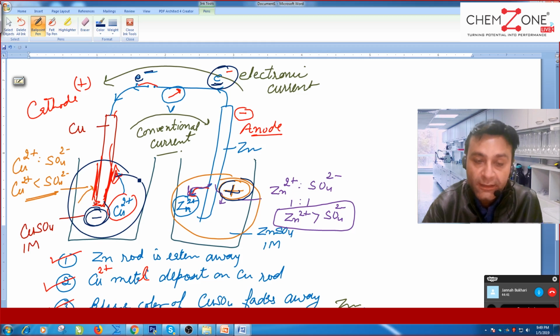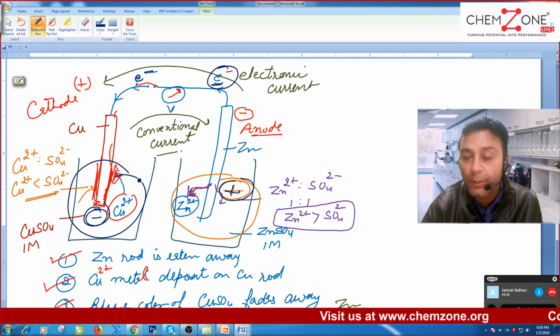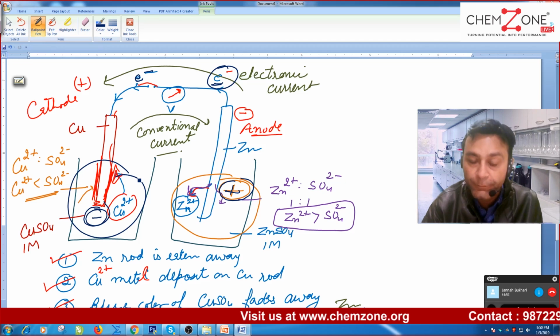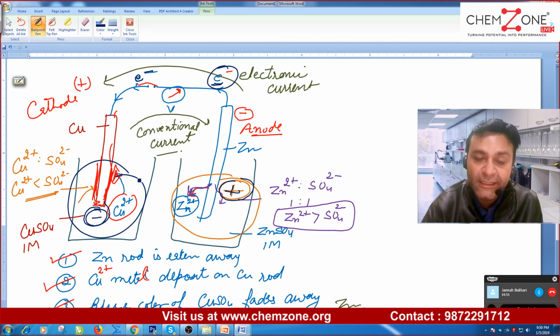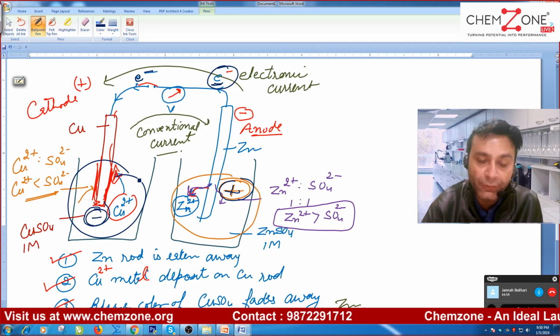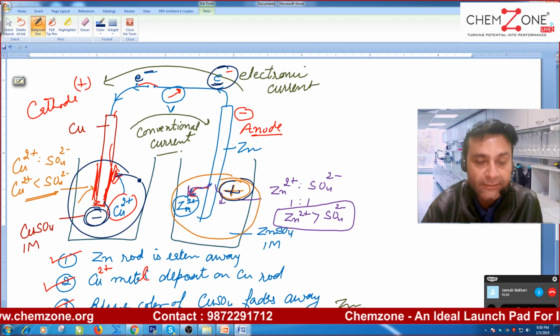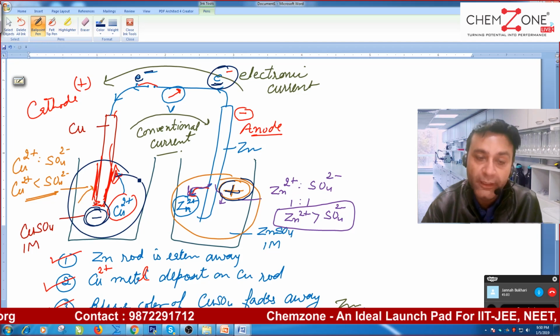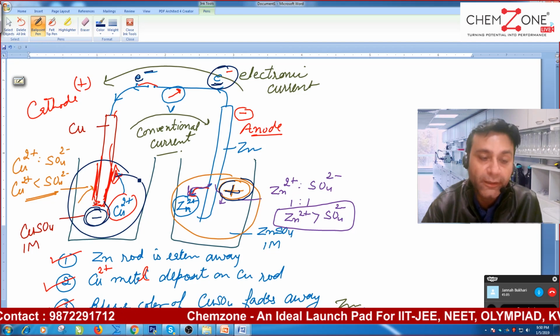When all the chemical is completely consumed, means zinc is completely dissolved and copper ions are completely absorbed, then the cell stops, it's okay. But the problem is my zinc rod is still left and copper ions are still left in the copper sulfate solution, and the cell is stopping. I don't want that. I want the cell to continue working.